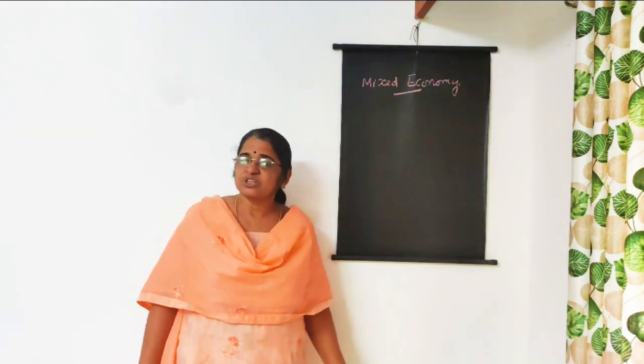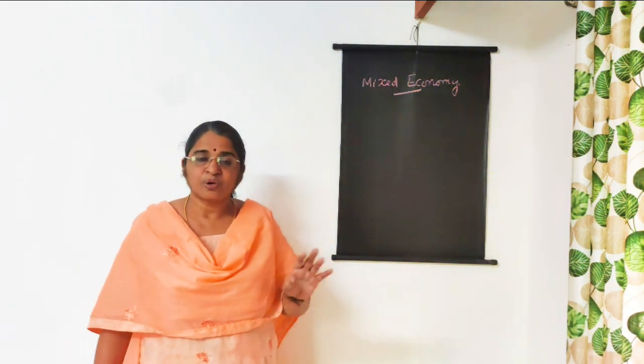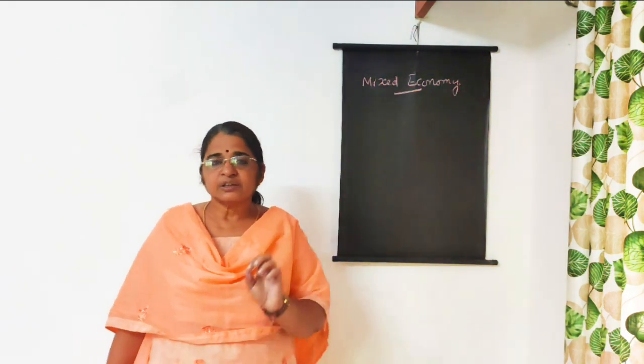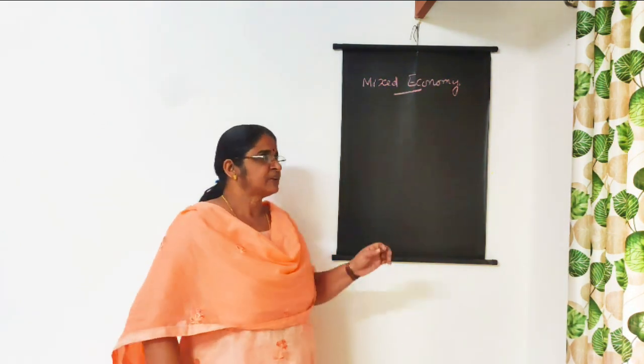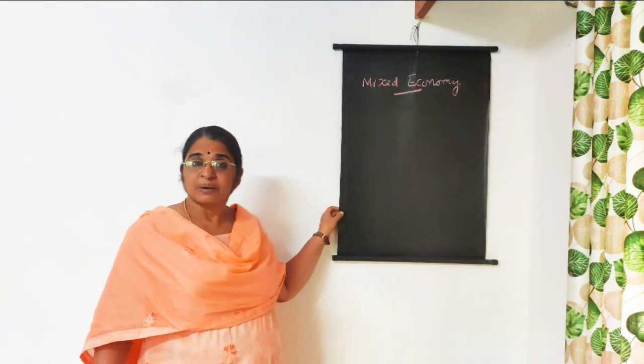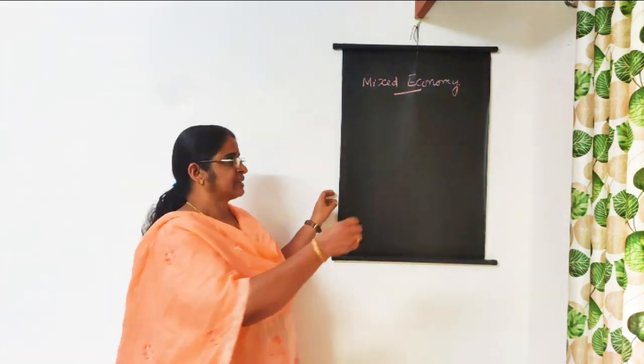The important features of mixed economy is coexistence of both public sector and private sector. In socialist countries, there exists only public sector, and in capitalist country, there exists only private sector. But in mixed economy, we can see that there exists both public sector and private sector.